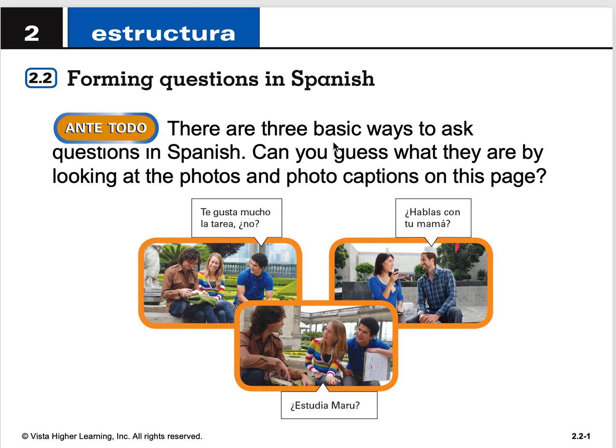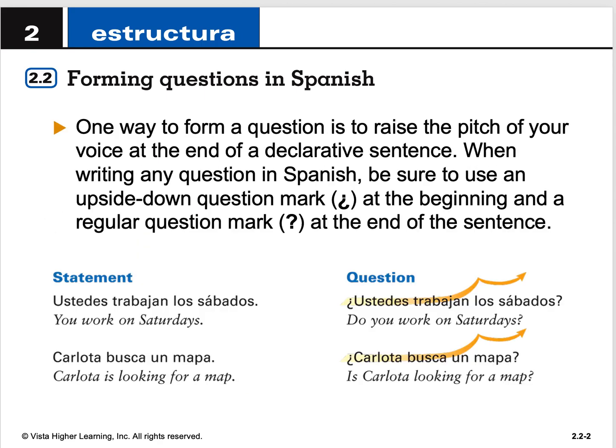You're putting the entire phrase into the question mark. And then estudia Maru seems like it would just be Maru studies, right? But it's a shorter way of asking, does Maru study? So that's a truncated possible way of forming the question.